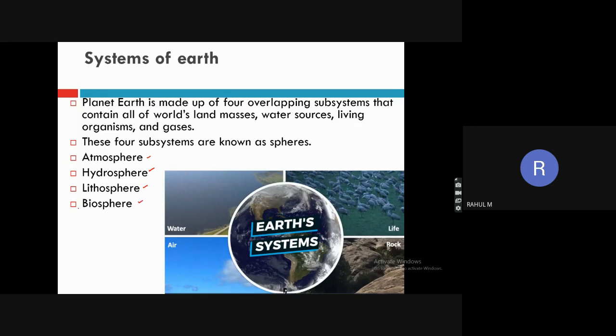These are the 4 subsystems of Earth. Please make a note of all those things. These are important areas. These are also known as spheres: hydrosphere, atmosphere, lithosphere, and biosphere.